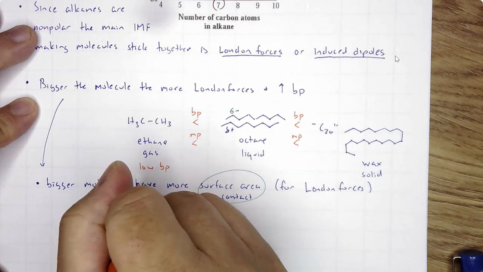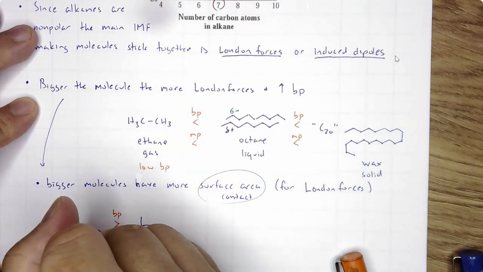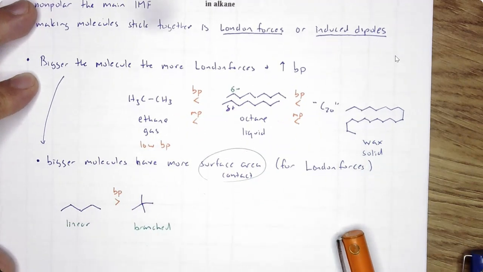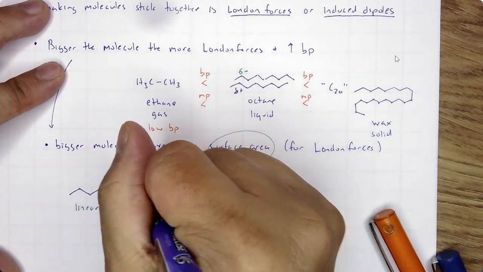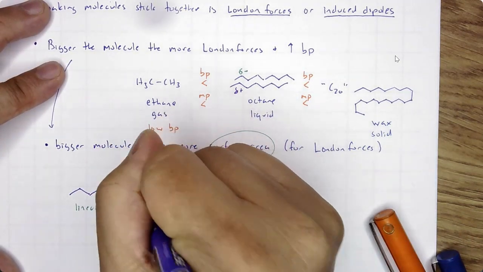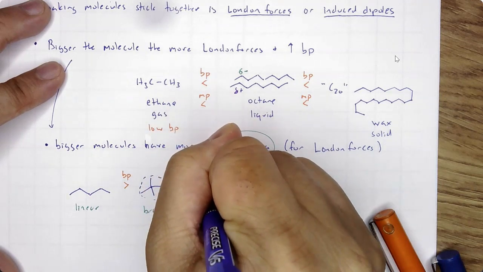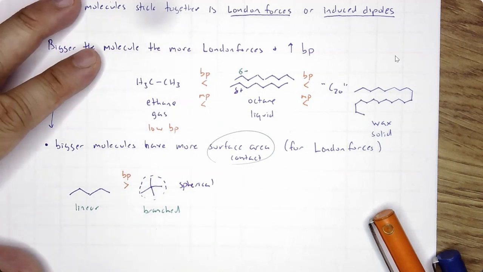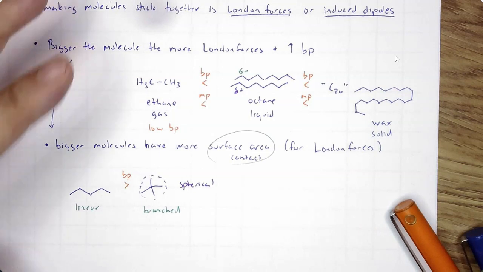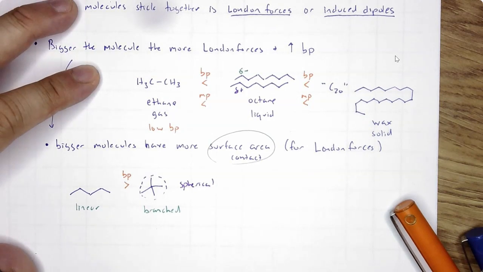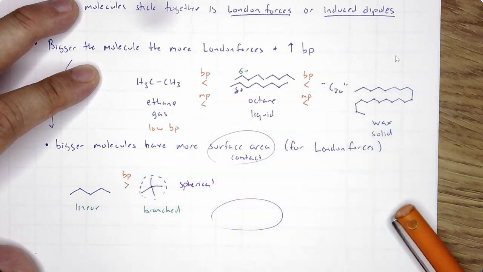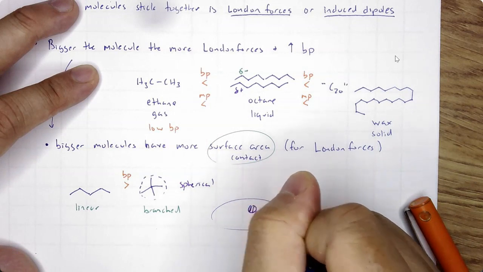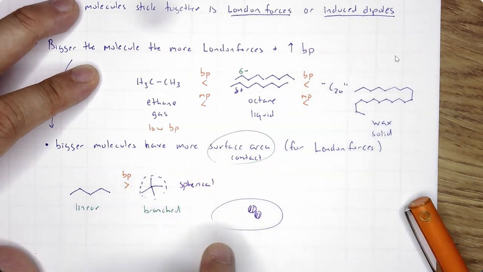Let's put our trend, and let's say this is linear, and this is branched. Okay, it's because the branched overall shape is spherical. And this is, well, it's linear. And the analogy that I like to think about is if you have spaghetti and meatballs on a plate. Let's draw our plate here. If you think about the meatballs that are spherical, right, they have very little surface area contact with each other.